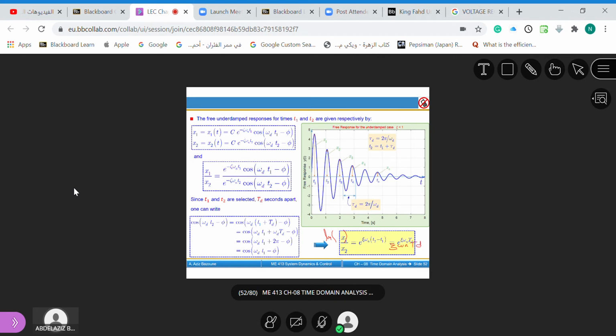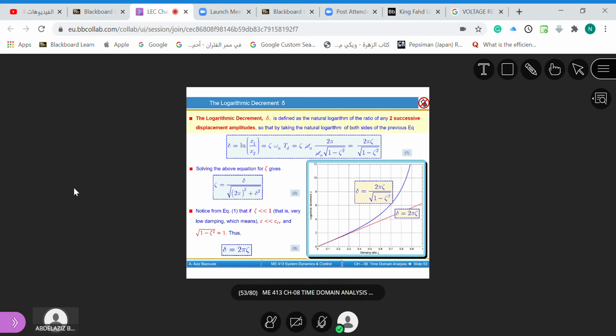So if you take the ln, it will be zeta omega n td. In the next slide, you will see the logarithmic decrement. We define our delta as the logarithmic decrement of any two successive displacement amplitudes. So delta is equal to ln of x1 over x2, which is equal to zeta omega n td.